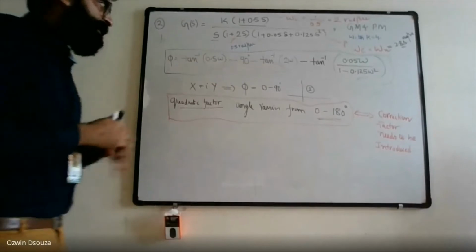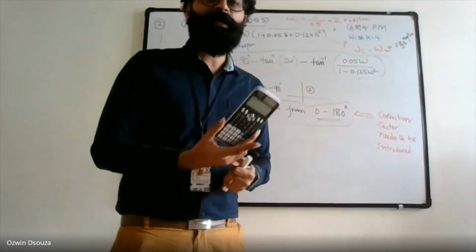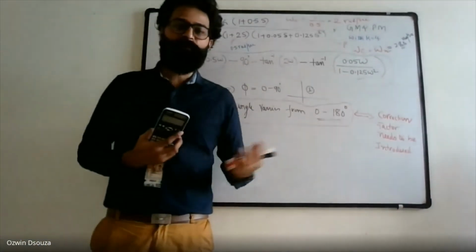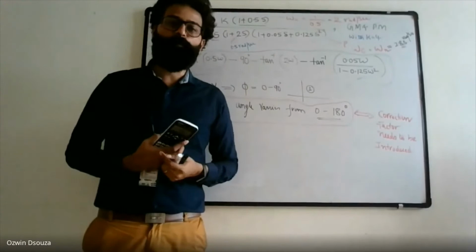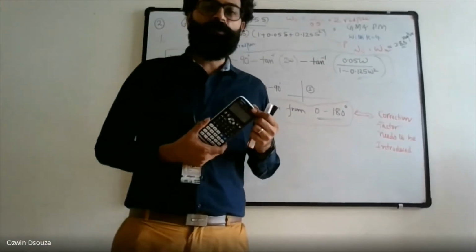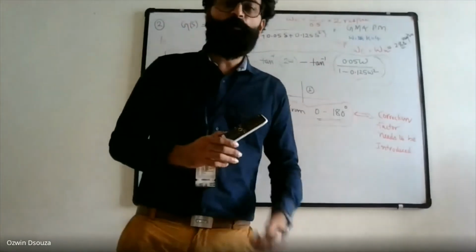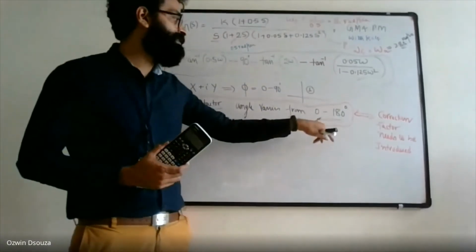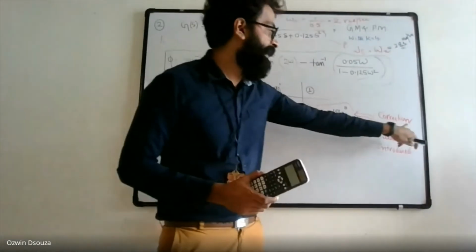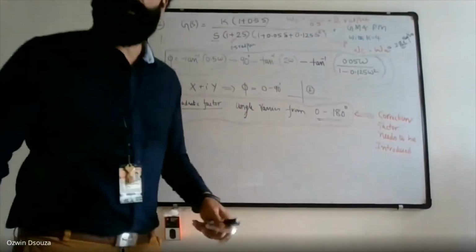Now, why is it? If you look at your calculator, it has a logic to determine the tan inverse of imaginary part by real part. The calculator is built to determine the angle between 0 and 90 degree, so it cannot determine an angle lying between 0 and 180 degree. That's the reason you will have to manually correct the equation whenever this quadratic factor comes into the picture.